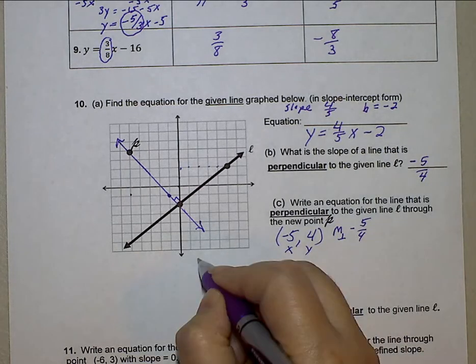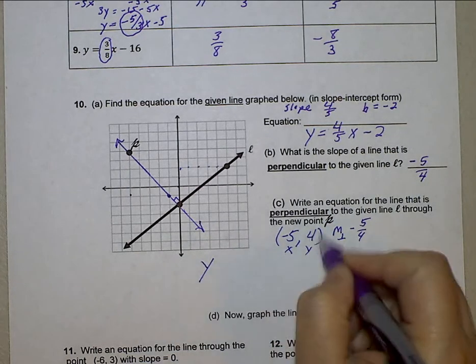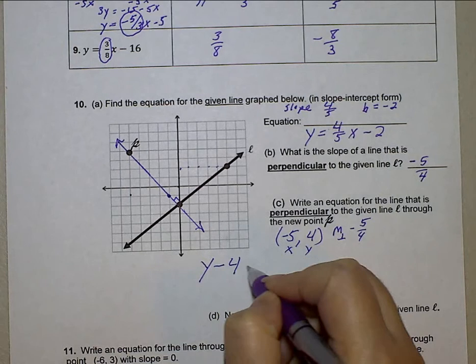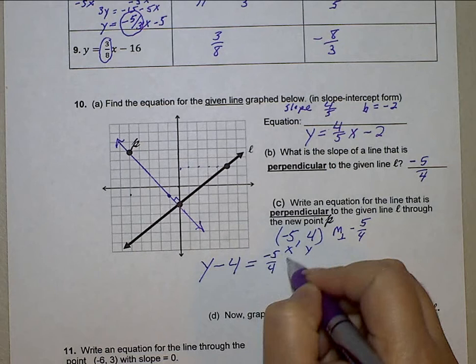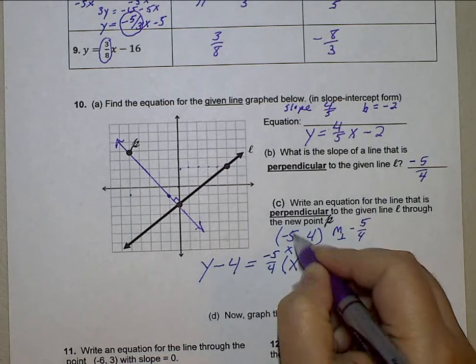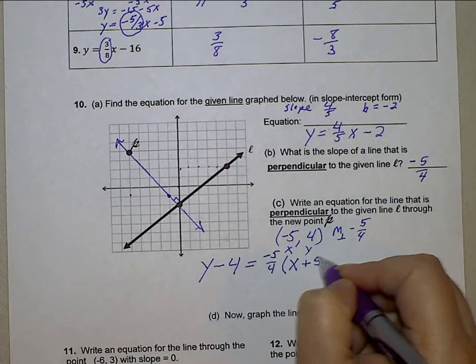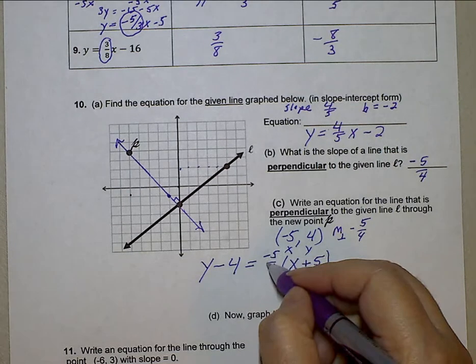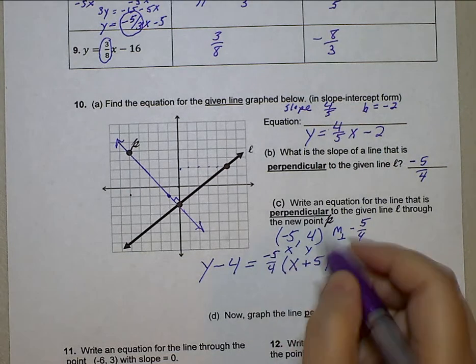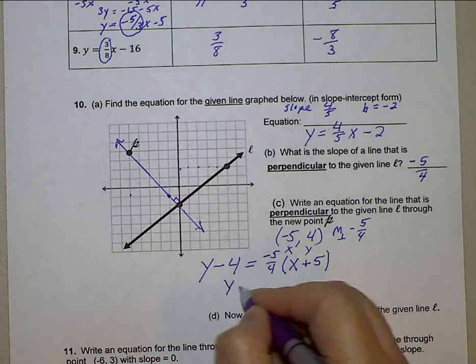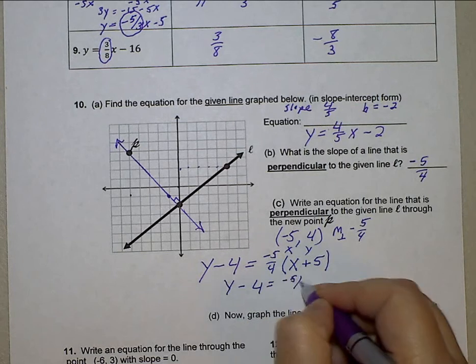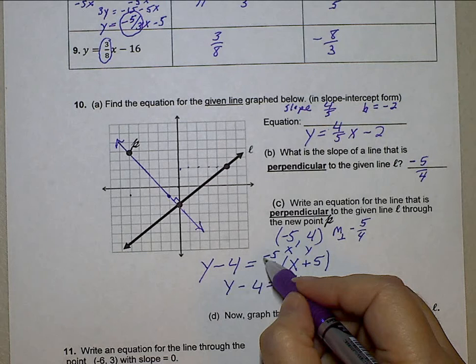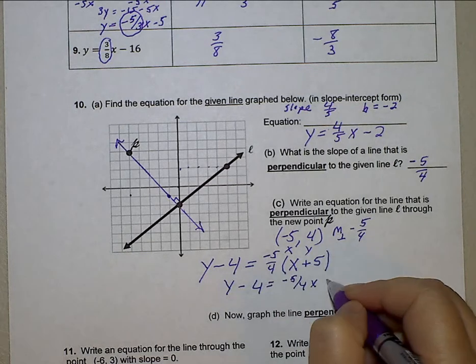So the equation will be y minus 4 is equal to my slope of negative 5/4 times x plus 5. Distribute, multiply, so I have y minus 4 is equal to negative 5/4 x. Negative and a positive is a negative.